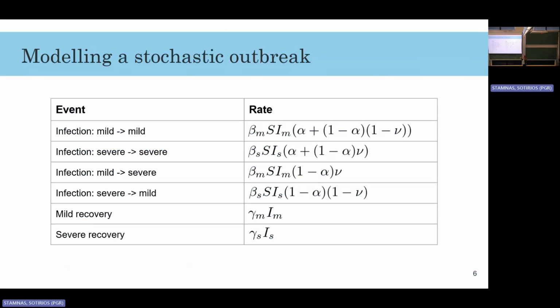These probabilities correspond to the previous diagram. If we look at the first row, the probability of a mild person causing a mild secondary infection is alpha plus 1 minus alpha times the baseline probability of mild disease. This is the same for all of the other infection cases. And then we've also got 2 possible recovery events that can happen.